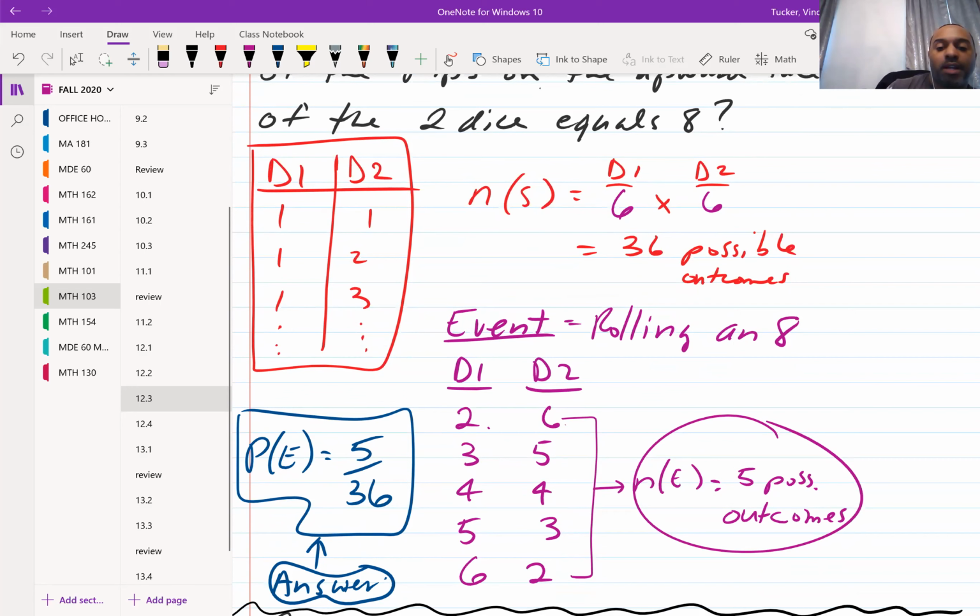So you have to consider that, and then also 6 and 2. So we have 5 possible outcomes in our event. All right. So once you establish both of those, 36 outcomes for your sample space, 5 for your event, take that 5, place it over 36. That's our answer.